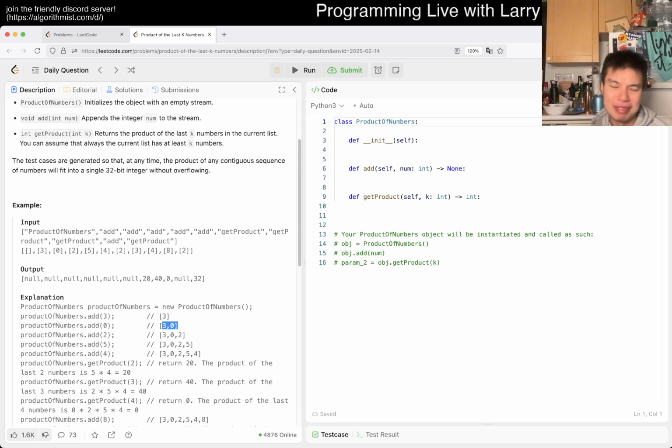I don't think it matters that much, but the idea would be that we just keep track of zeros, right? And I think that's really it, because these are the things you may be thinking about in terms of keeping track or thinking about what states mean.